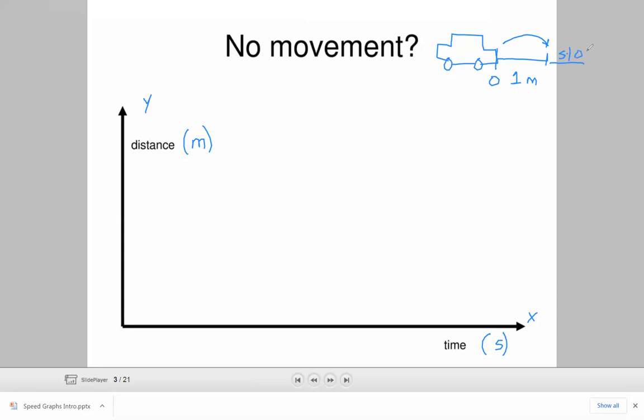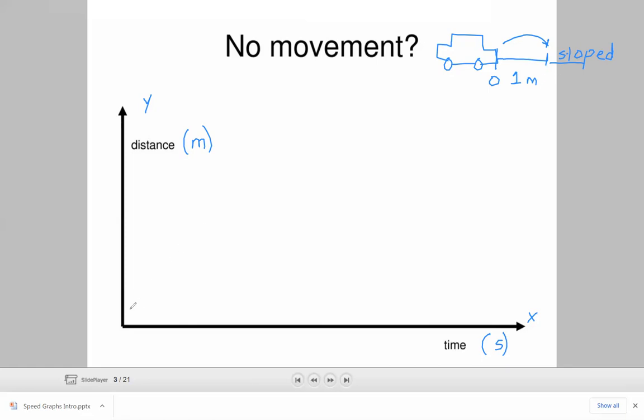And now it's not moving. So when your car is not moving further, remember this means that your car is not covering any more distance. Initially it covered 1 meter, but now it is not covering any more distance.